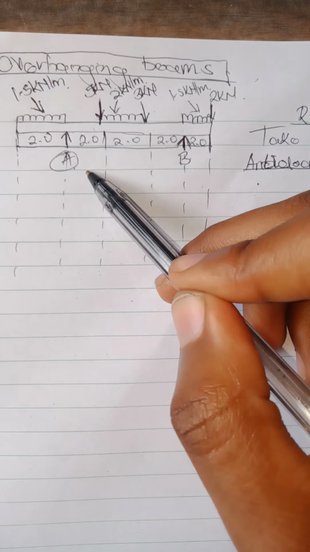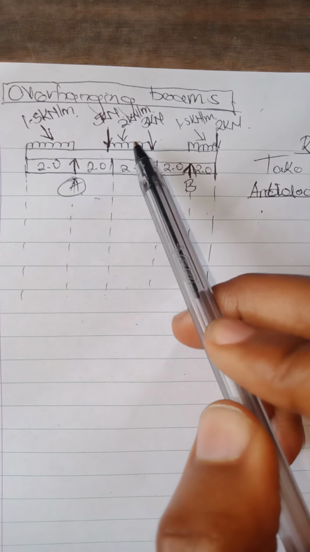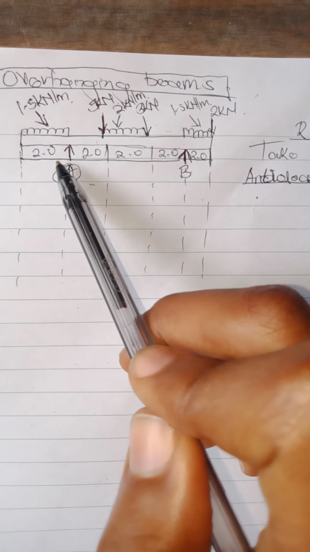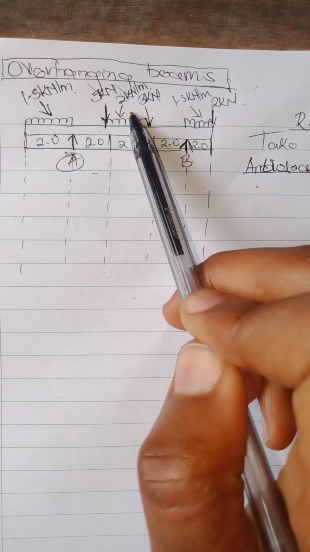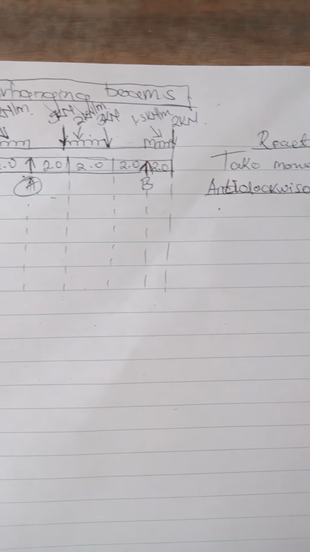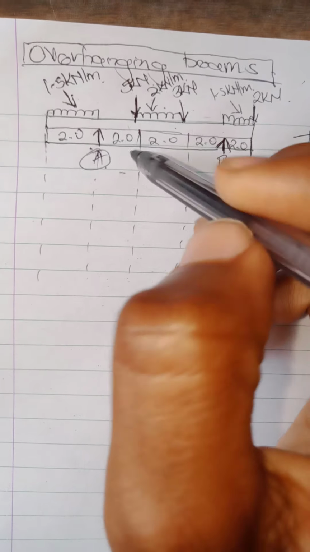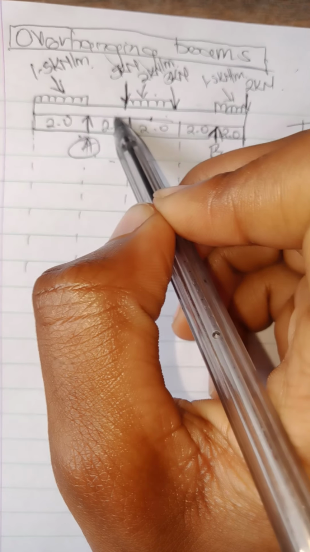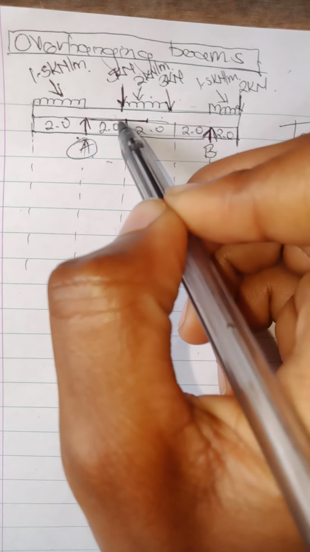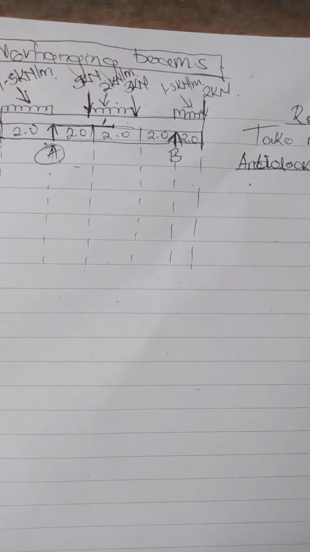5 kilonewtons times distance gives us the moment, plus the UDL, where we multiply the load times the distance 2, then half the distance which it is acting upon to A. This will be 2 plus 1, we get 3.